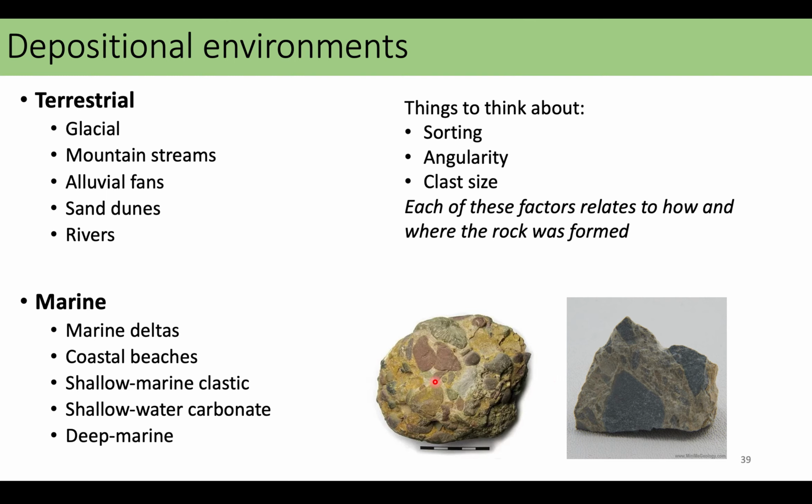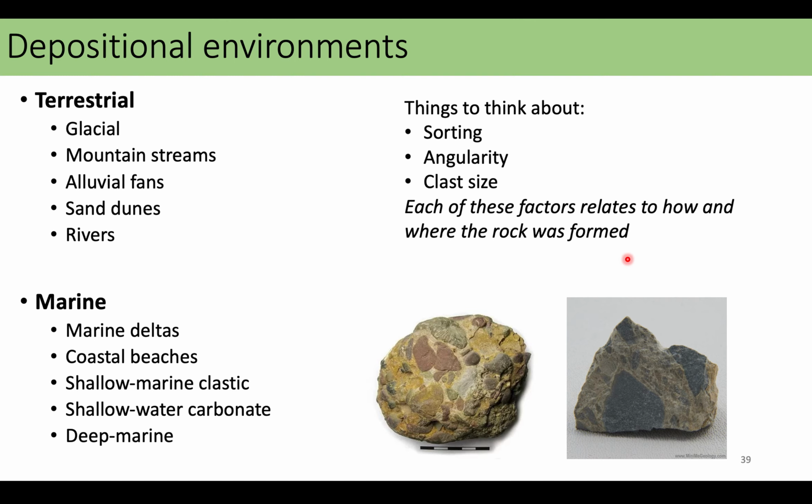Whereas this conglomerate, I would think it is a marine environment because there is the presence of this shell. I would also think that the sediments traveled quite far before they got to the location where this rock was formed because many of the sediments are very, very rounded. So it's possible that these sediments came flowing down a river and then were deposited, say, in a delta at the end of the delta where the river meets the ocean.